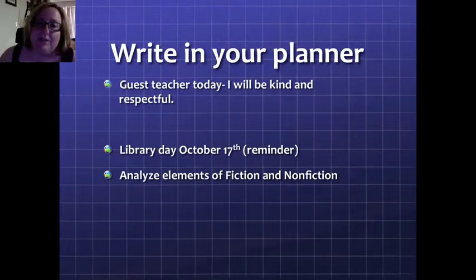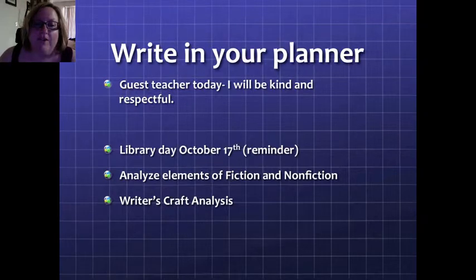What standards are we working on today? We're going to analyze elements of fiction and nonfiction. We're going to be looking at what things are in both and what things are special to only one type of writing, so that when you write your own fiction and nonfiction, you'll know what you should include.